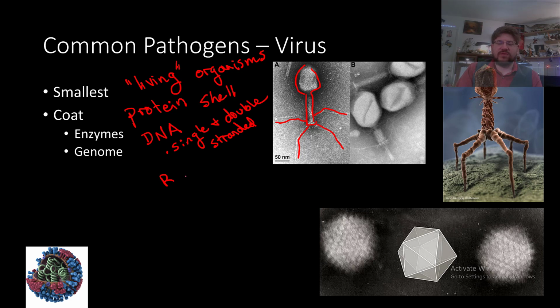And then just to make things even wackier with viruses, they can have genomes made of RNA, which again, you'd expect single-stranded RNA, but in fact there are viruses with double-stranded RNA genomes. Viruses are pretty wacky, and that's awesome.